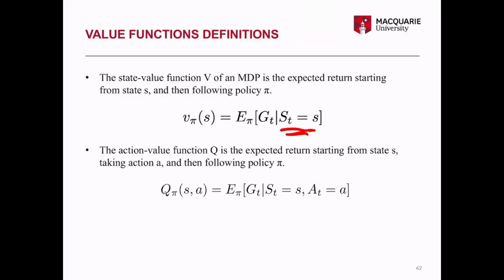And probably a more helpful value function is the Q function, which is the action value. It tells you that if you are in this state and you do this action, you will likely receive this amount of reward or return. And that's basically what it means.